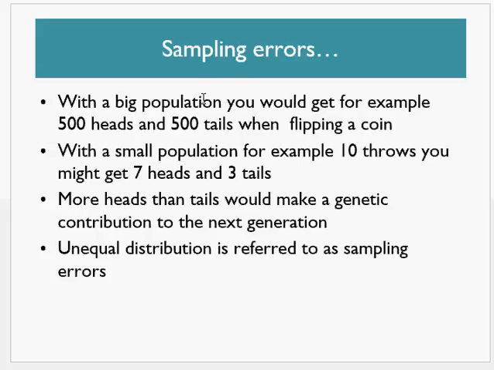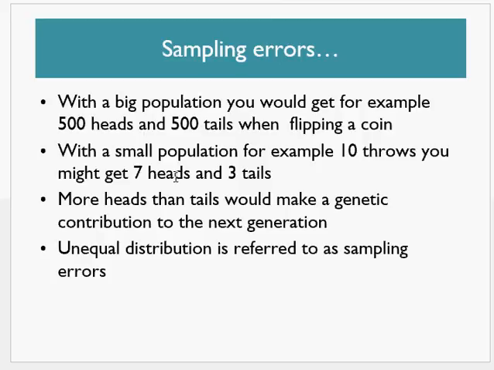And the heads and tails are going to be represented equally in the next generation or in the result. But if you only throw 10 times, you are going to get biased numbers of heads and tails, because it's very unlikely for you to get 5 heads and 5 tails exactly.